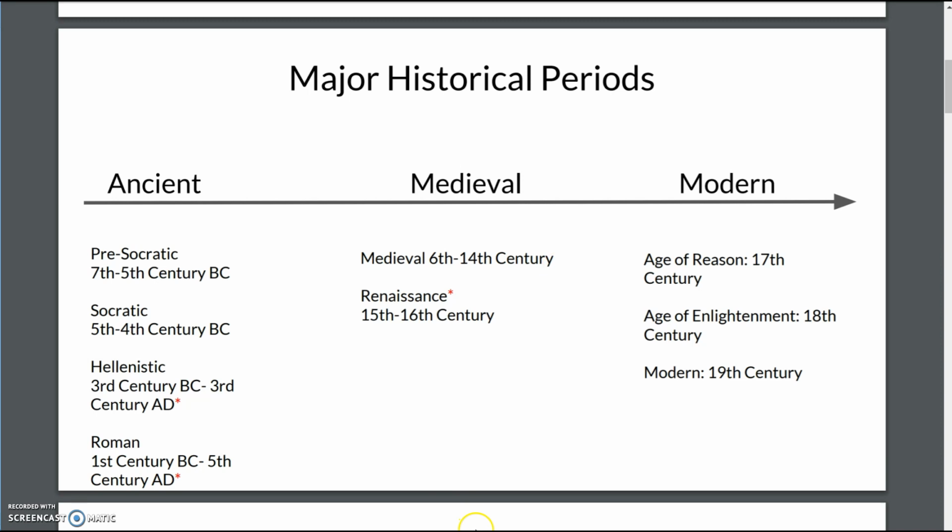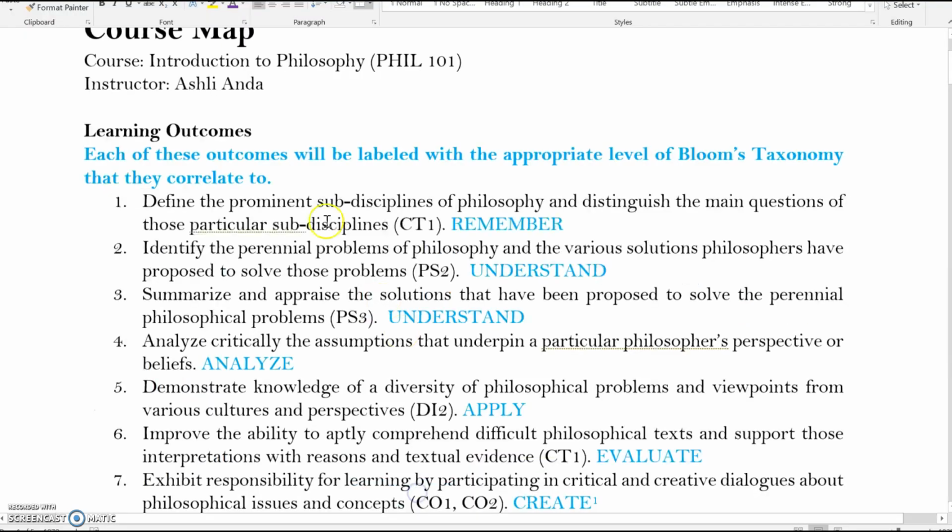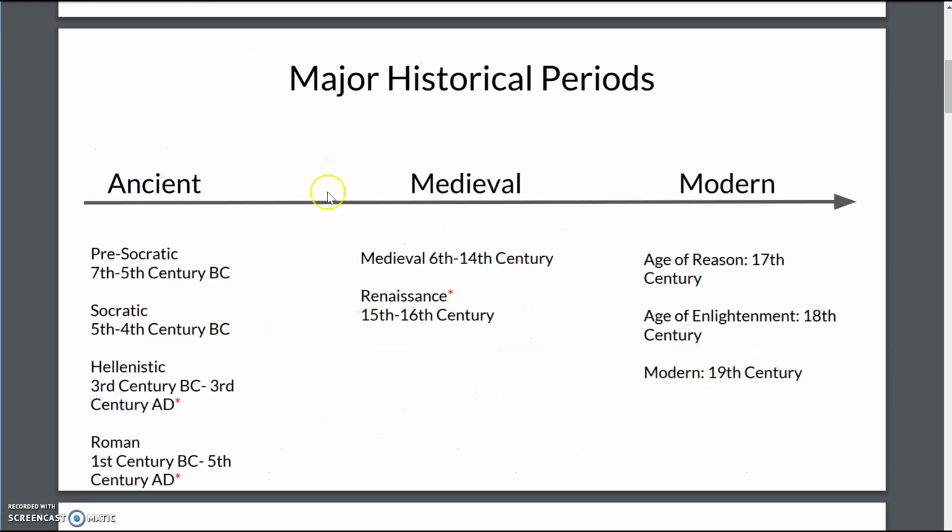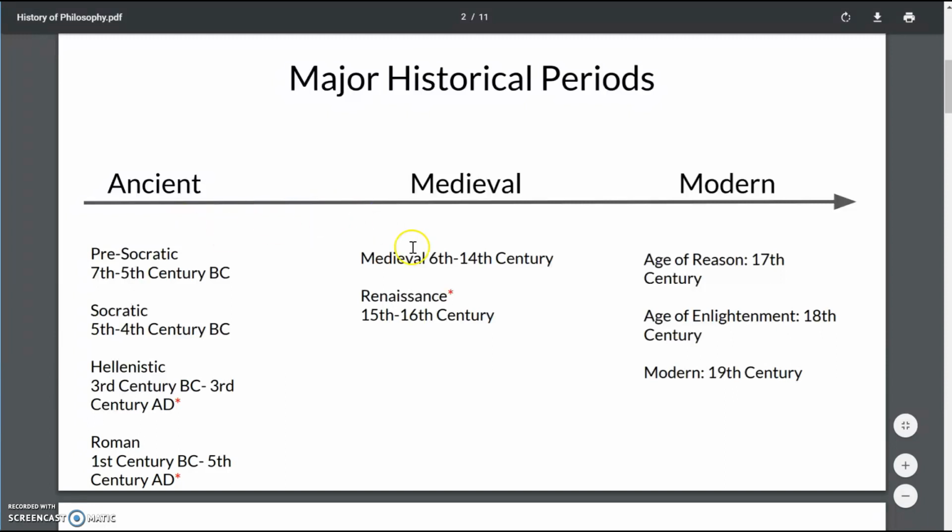And so we can go over to my course map. One of the first learning outcomes is to define the prominent subdisciplines of philosophy and distinguish the main questions of those particular subdisciplines. So they can go into their own whiteboard and recreate the timeline.